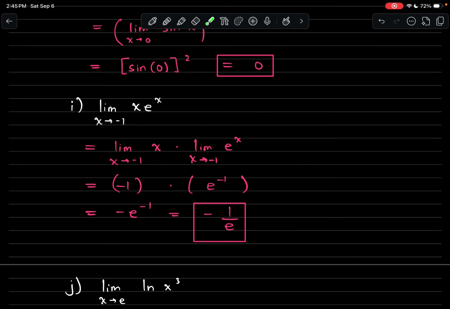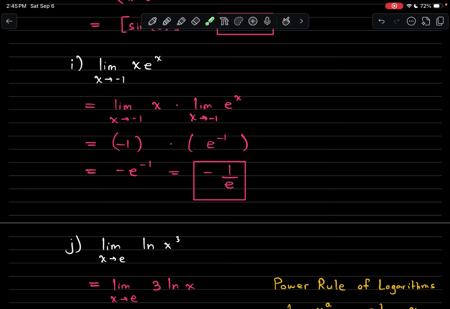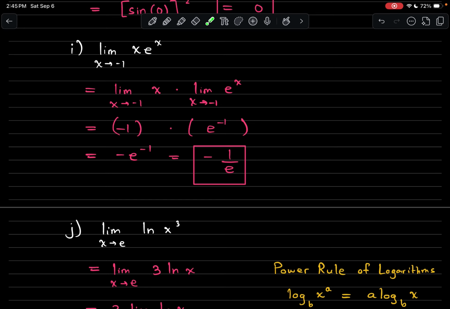Example J, the limit as x approaches e of ln of x cubed. Okay. Now the first step here is going to be applying the power rule of logarithms. So if you recall, if I have something like log base b of x to the a, and this a is inside the log, that a can actually come up front, and I'll get a times log base b of x.